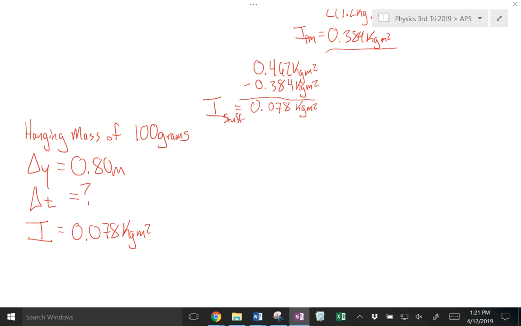Way back in the day, we dealt with Atwood's machines and multiple body problems. The thing that connected them was that their motions had to be identical because they are connected bodies. That's what you have over here. The key to that was establishing the F_U over M relationship for everything, because they have to have the same acceleration since they're connected by a string.